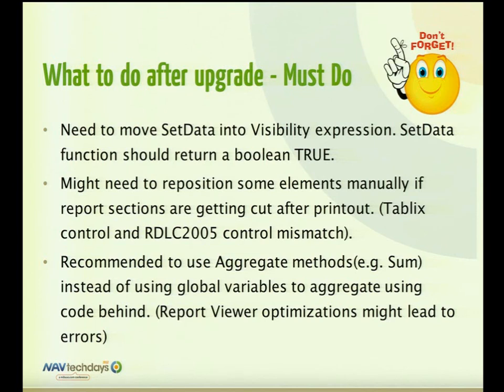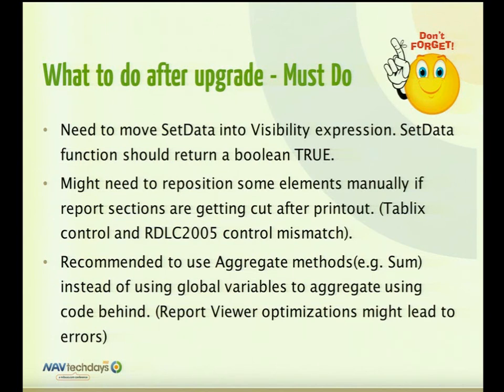So there have been some bad design patterns which we have seen, that people use global variables behind controls to create totals. So when you switch back and forth, the pages will call this total again and again, and the global variable will keep growing in value. So all your sums will go wrong. That is a completely non-recommended pattern.